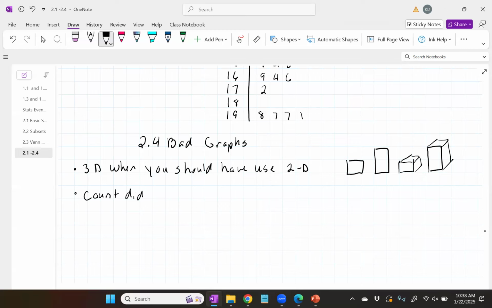Graphs where the count did not start at 0. It's another big pitfall.